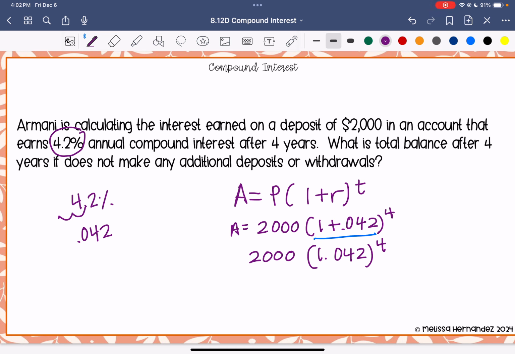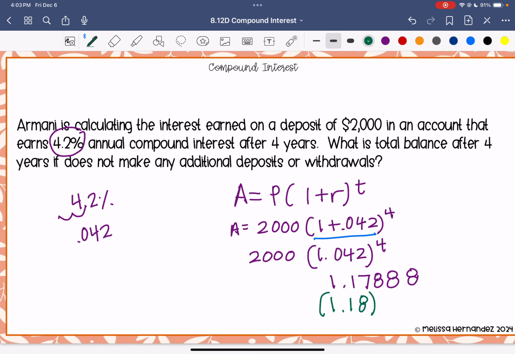1.042 to the 4th power gives me 1.1788. It continues, but we're going to try to keep it simple. I'm going to stop there and round, because I'm going to use 1.18.